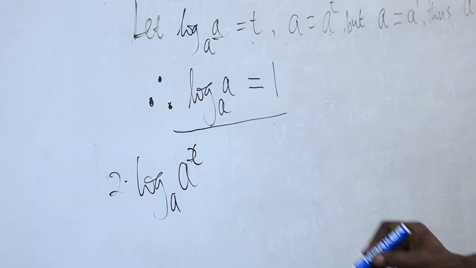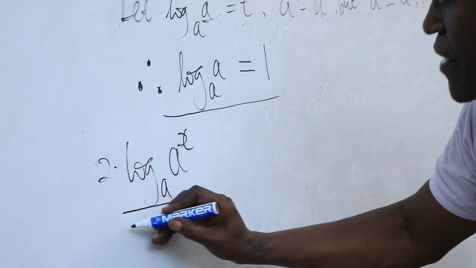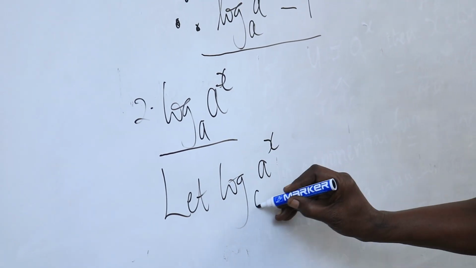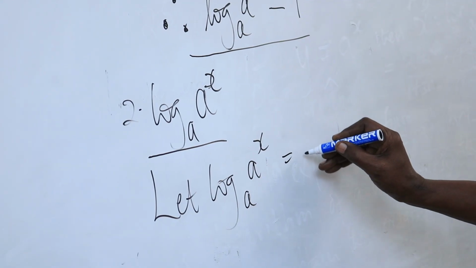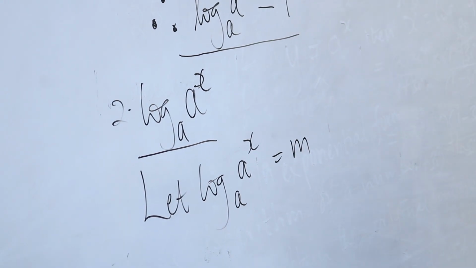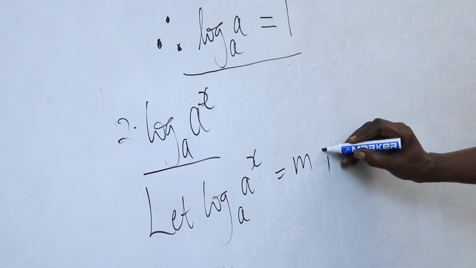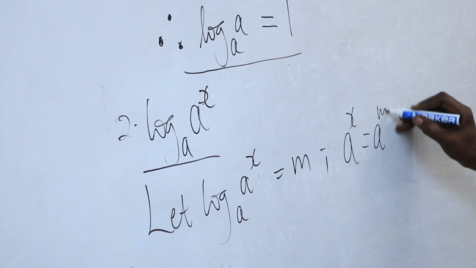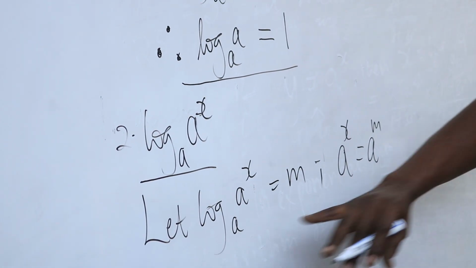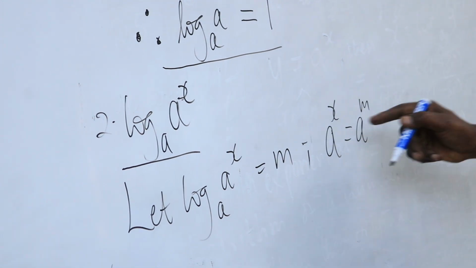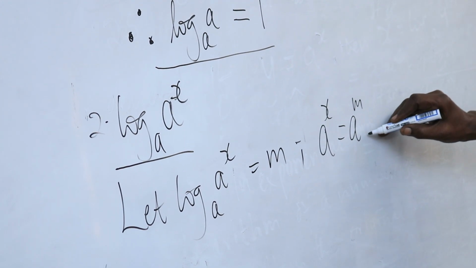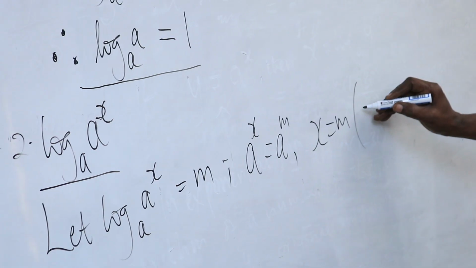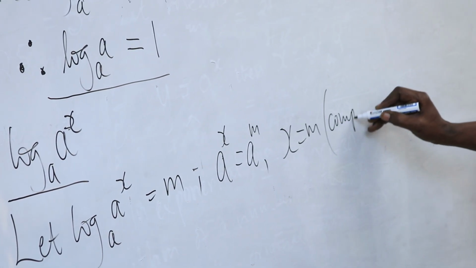Number 2, log A exponent X base A. Let log A exponent X base A be equal to M. Again, we can say that A exponent X is equal to A exponent M by changing this logarithmic equation into exponential equation. And X will be equal to M by simply comparing exponents.